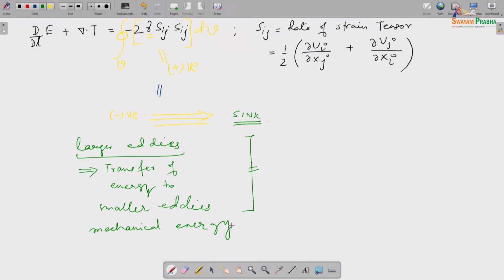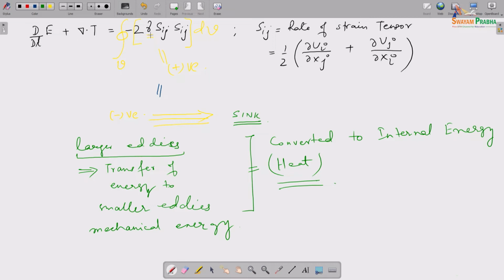Now this mechanical energy is going to be converted to internal energy, or as we say, heat. Now this happens because of the viscosity involved.